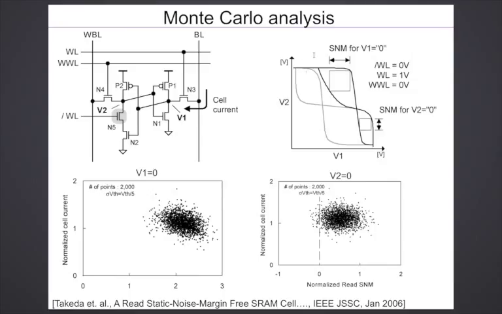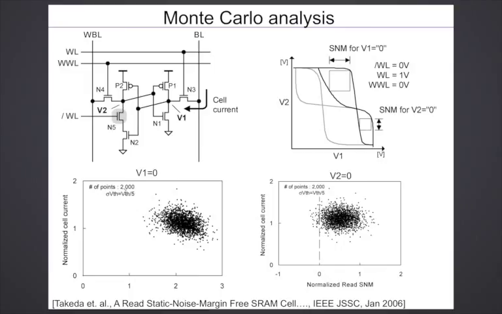So again, with memories, especially when you're scaling down to these low voltages, this Monte Carlo analysis is very important. Here they have done 2000 simulations. In each simulation, the values used for the threshold voltages are drawn from a distribution, with a mean threshold voltage and a standard deviation for that Gaussian distribution.